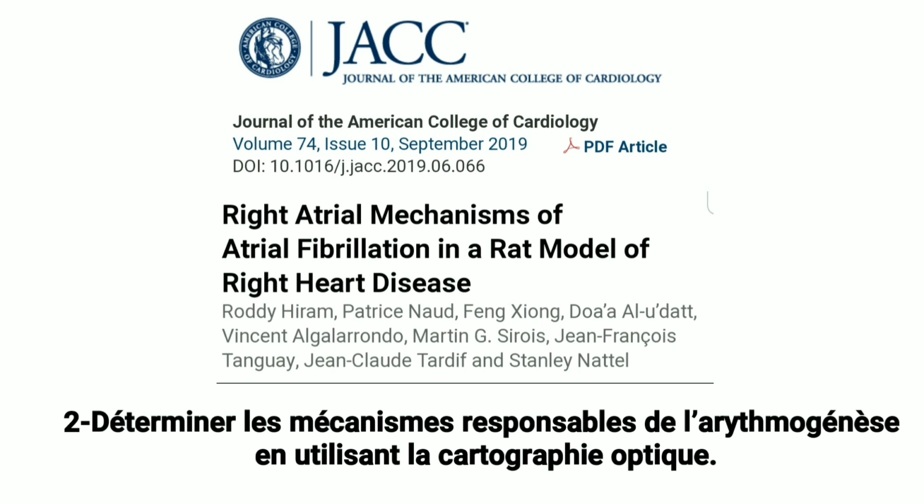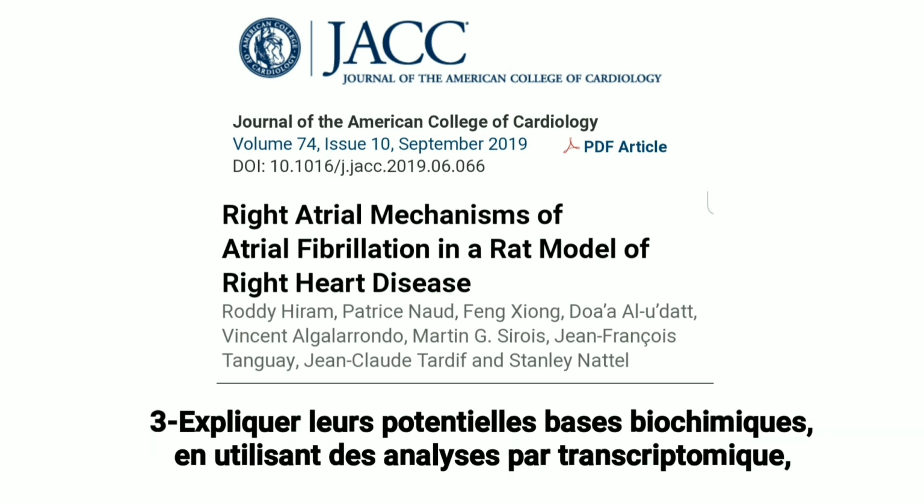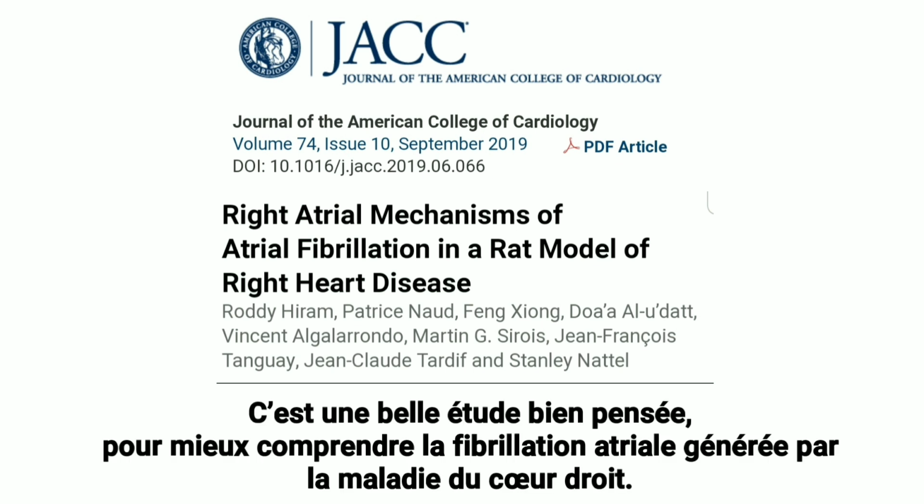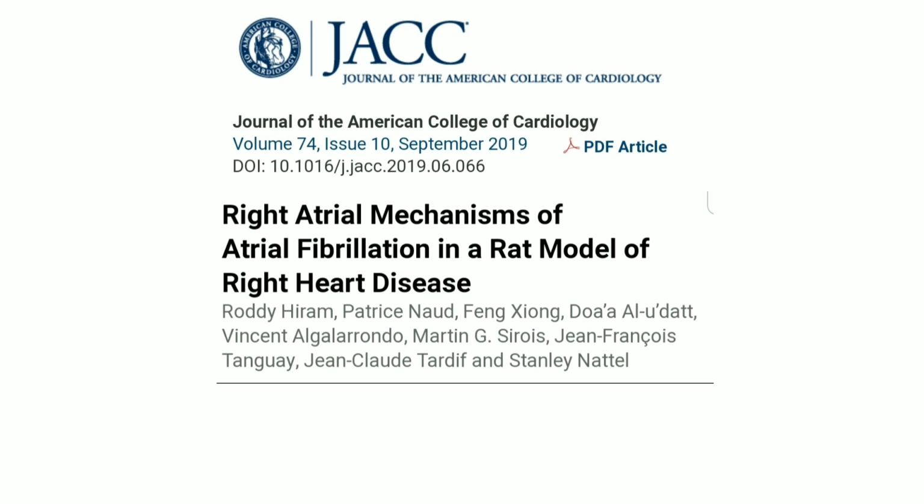Second, to determine the mechanisms underlying arrhythmogenesis with the use of optical mapping. And third, to assess the potential biochemical basis with the use of transcriptomic analysis. A beautiful, well-designed study to address the issue of atrial fibrillation generated by right heart disease.